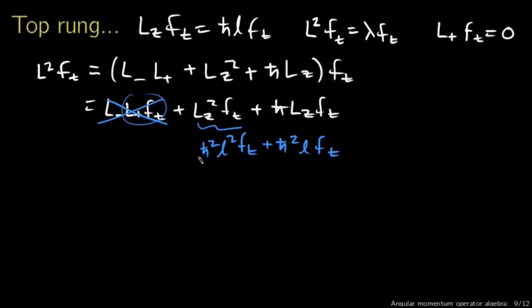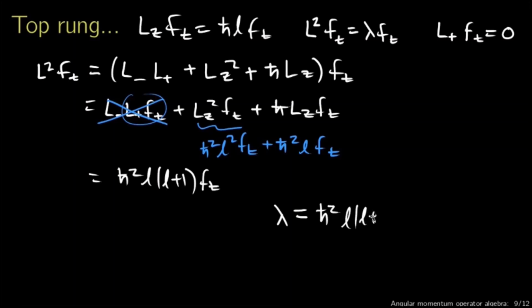So if I simplify this, what I get is h bar squared l times l plus 1 f_t. This should start looking a little bit familiar, especially this l times l plus 1 combination. What this tells us essentially is that the eigenvalue lambda of L squared in this case is h bar squared l times l plus 1.